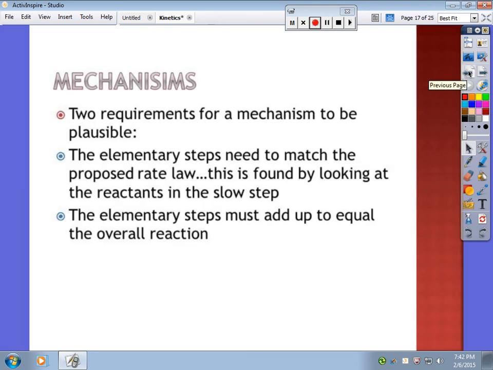So, two requirements for a mechanism to be plausible: the elementary steps need to match the rate law, and we'll talk about elementary steps in a minute. And the elementary steps must add up to equal the overall reaction. The elementary steps need to match the rate law, and this is found by looking at the slow step. So the slow step has to match the rate law, and the elementary steps or the baby steps need to add up to the overall reaction.